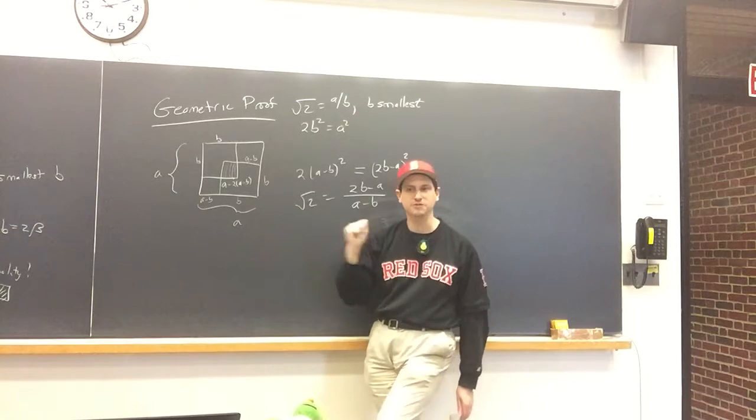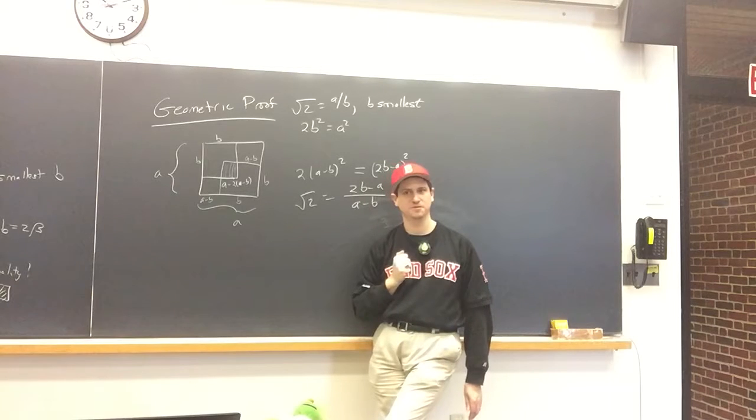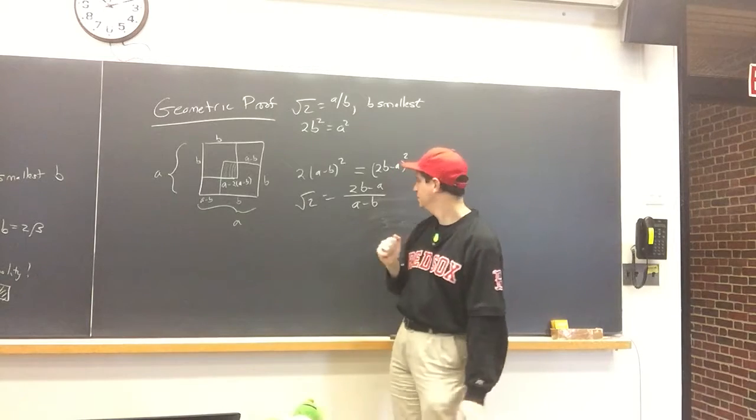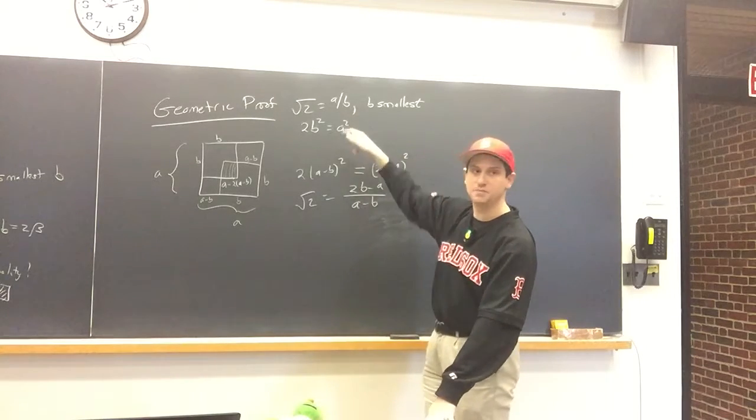What do we need to do to finish the proof? We need to do one last thing. Yes? That a minus b is smaller than b. Yeah, we need a minus b is less than b.